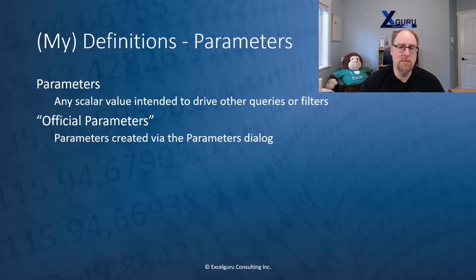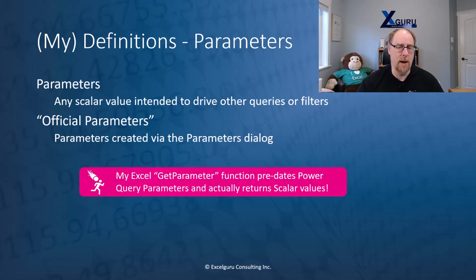And the answer is, well, because I've been working with Power Query for a long time, and I actually built a function called fnGetParameter to go and get scalar values out of an Excel worksheet long before the parameters button was ever introduced in Power Query. Like, we're talking years before. So for me, this term has been around for a long time.